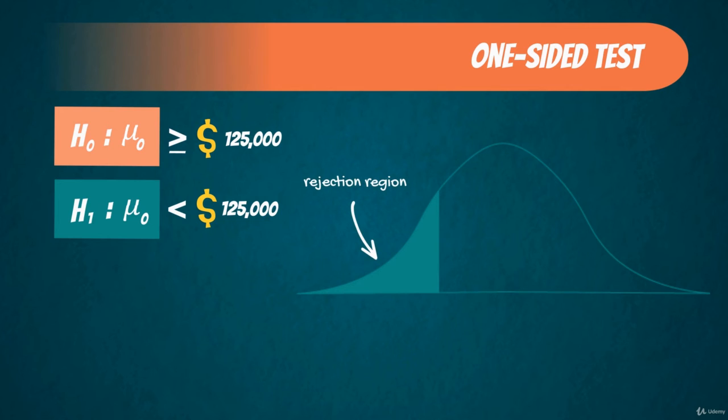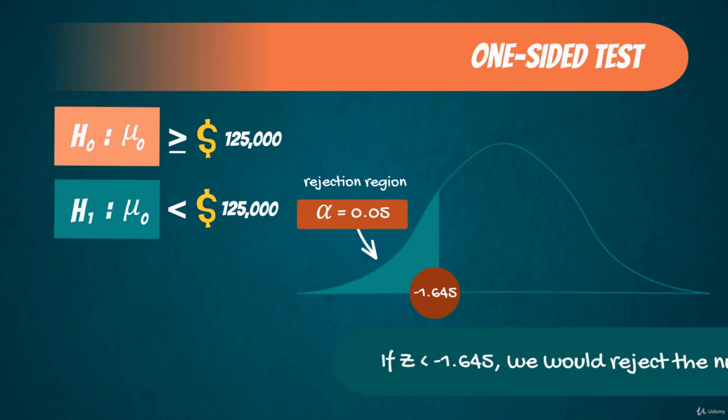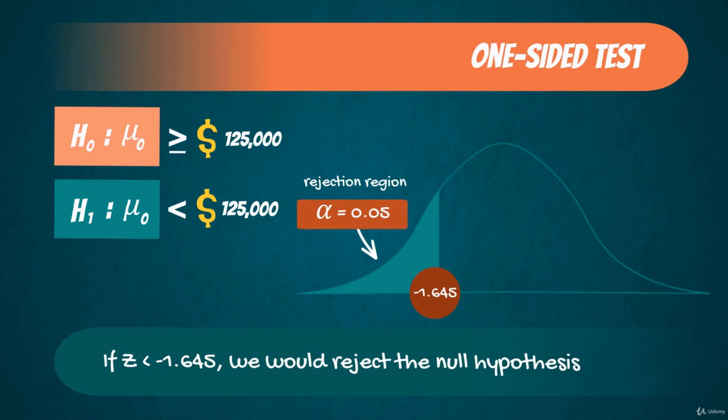So, the rejection region has an area of alpha. Looking at the z-table, that corresponds to a z-score of 1.645, and since it is on the left, it is with a minus sign. Now, when calculating our test statistic z, if we get a value lower than minus 1.645, we would reject the null hypothesis, as we have statistical evidence that the data scientist's salary is less than $125,000. Otherwise, we would accept it.